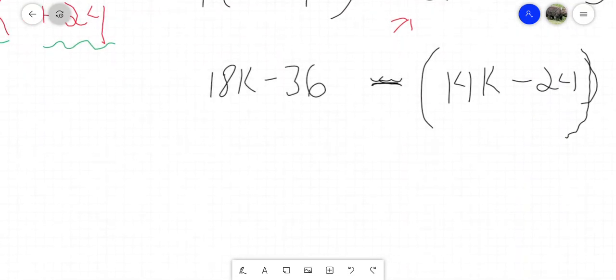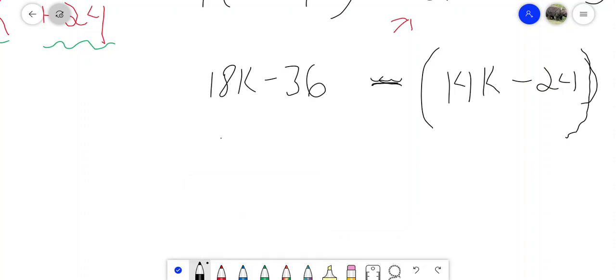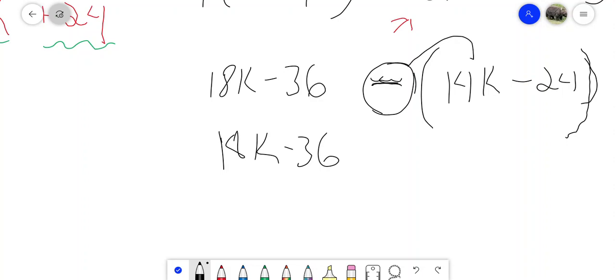So I'm going to distribute that now. I got 18k minus 36. Well, this subtraction sign is going to distribute in. And that's going to become negative 14k, or minus 14k. And then subtracting a negative is the same thing as adding a positive, which is 24.